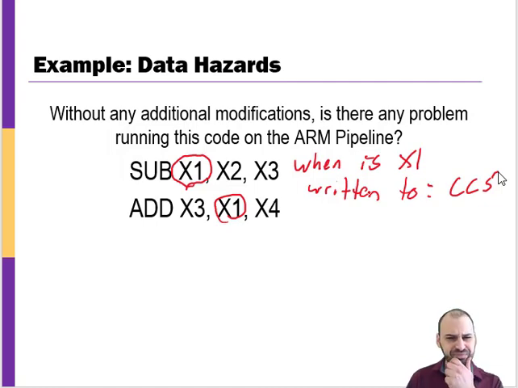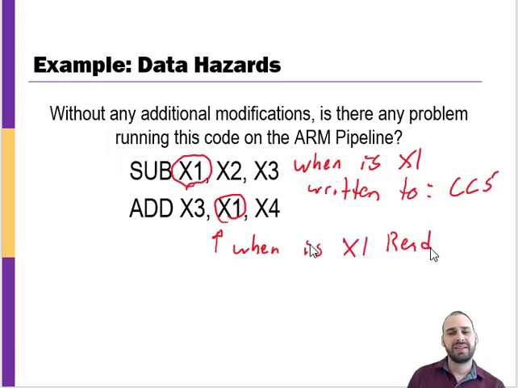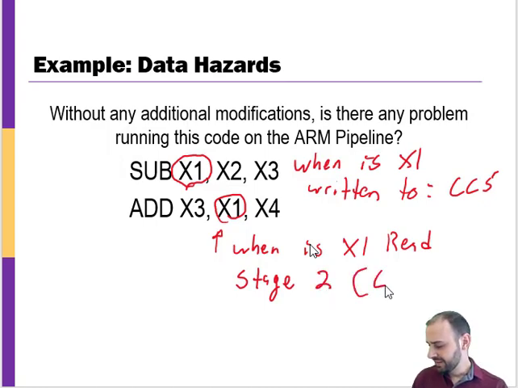Stage 5. And then if we looked at that and said, well, wait a minute, when is x1 read? It's going to be read at stage 2. Stage 2, so that would be clock cycle 3 because it's the second instruction.